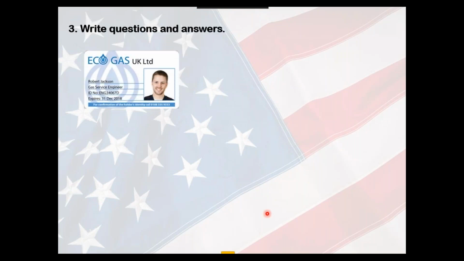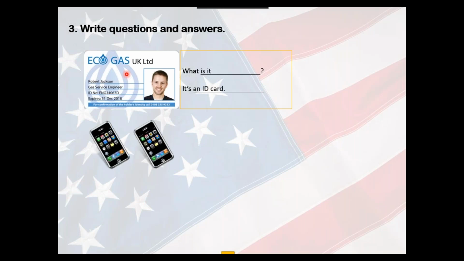We have to write questions and answers. For example, about this picture, okay? Yes. What? And the answer is it's. So we have to complete the question. What is singular? Is singular, it's only one. So, what is it? The answer, it's an ID card. Okay, what is it? It's an ID card. Another? Plural. For plural, the question, what are they?